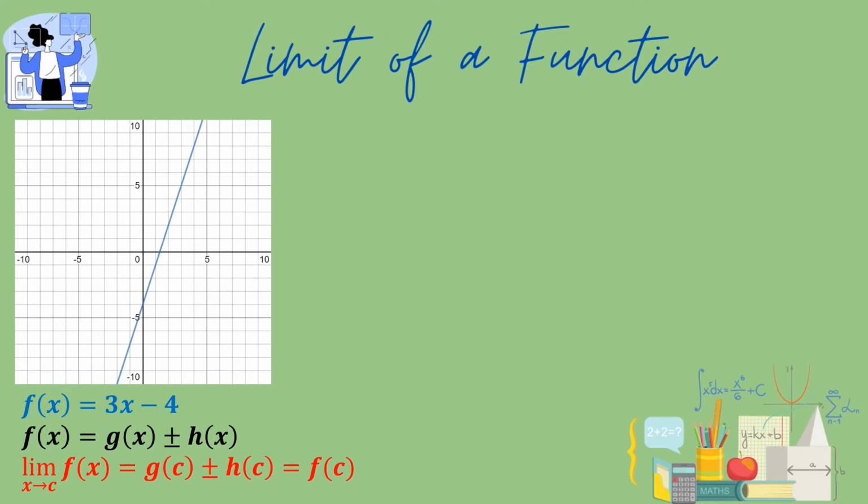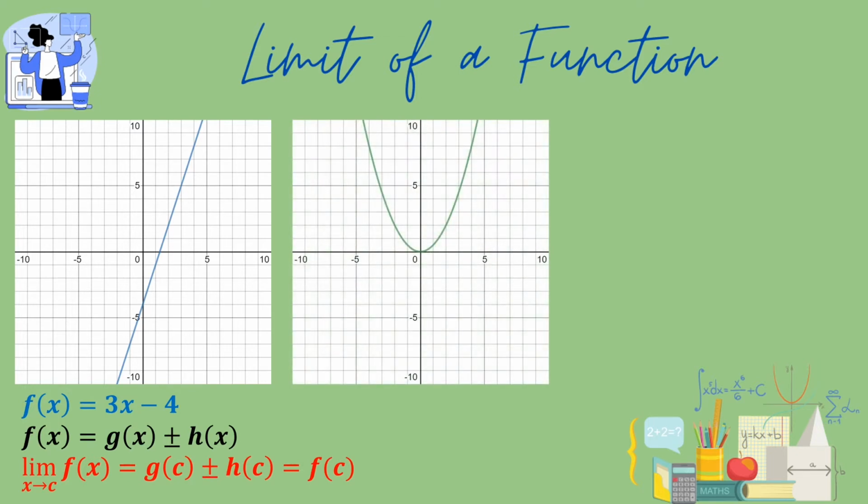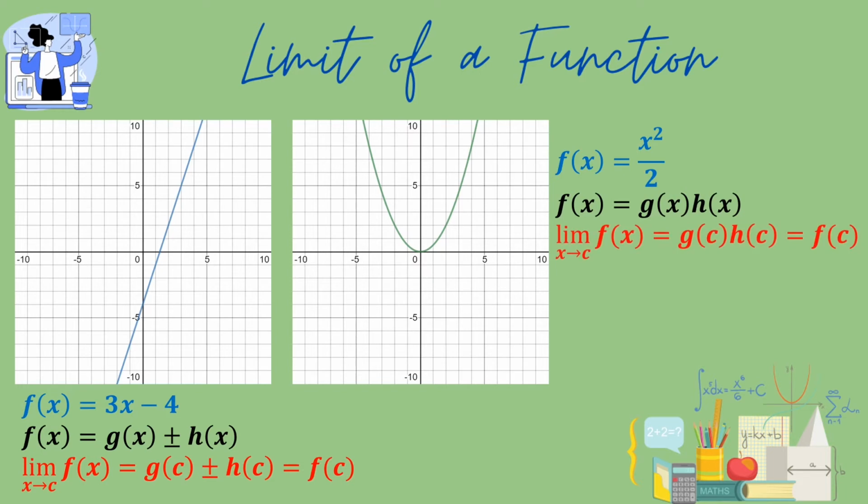On the other hand, a function such as f of x equals x squared over 2 may be considered as a product of two functions. In this case, since f of x equals g of x times h of x, and the limit of f of x as x approaches c is g of c times h of c, we can also conclude that the limit of f of x as x approaches c is again the function value f of c.